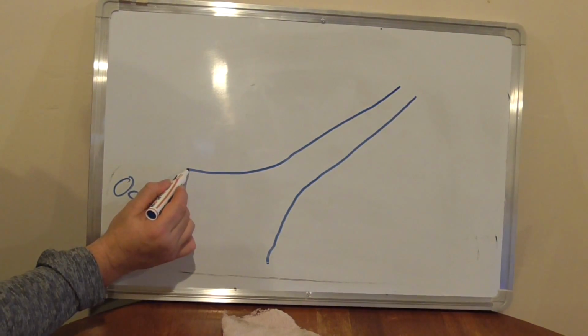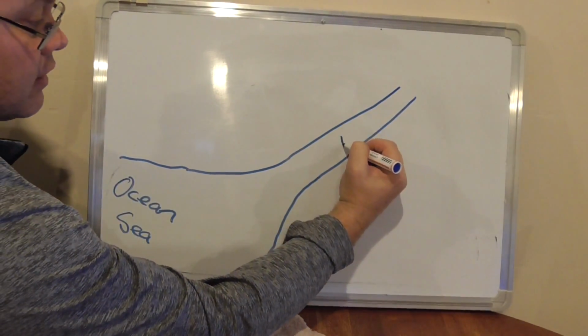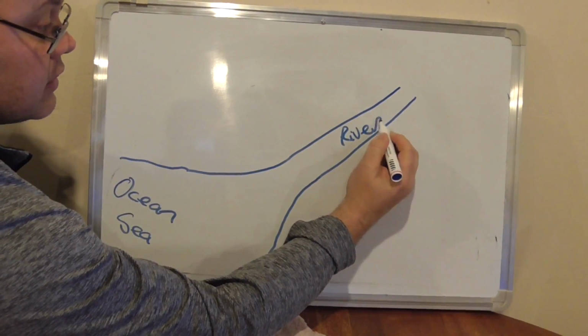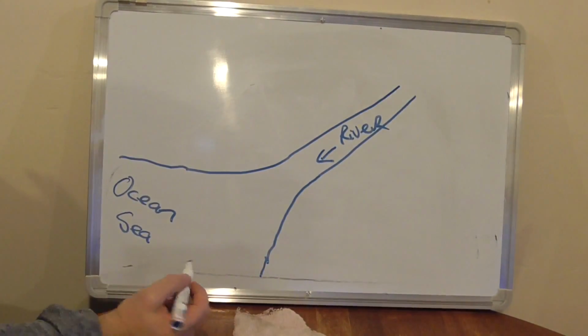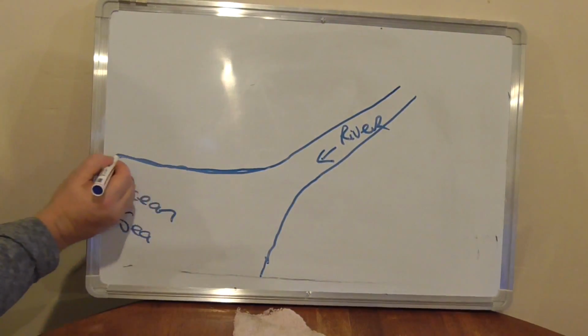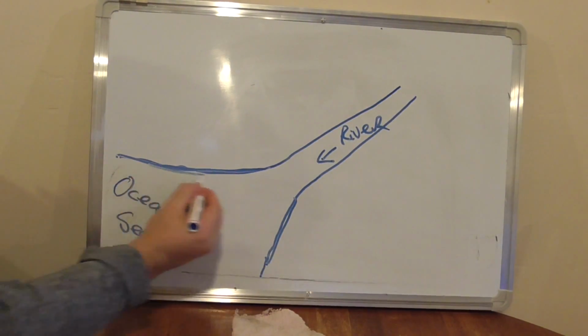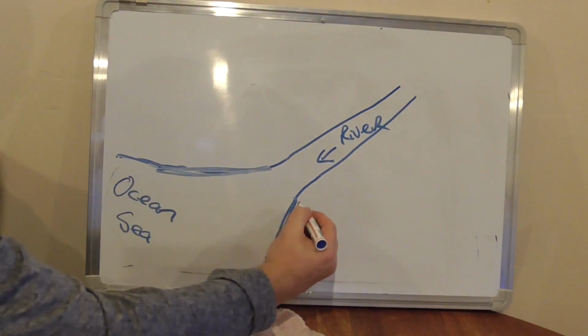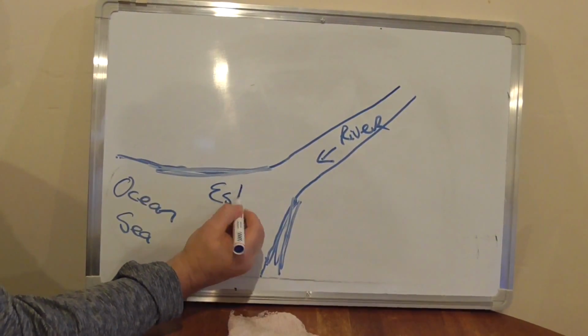The estuary is the part that goes from the river here. Here's our river going that way. When it opens up like that and starts going into the ocean, this part here that opens up, we call it an estuary.